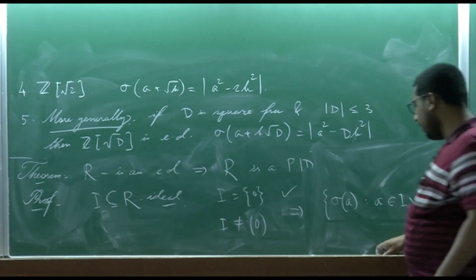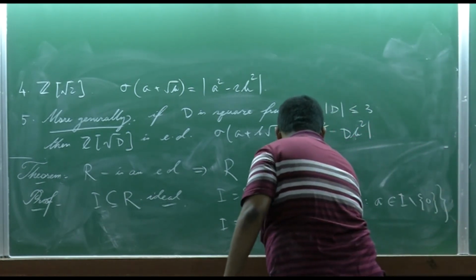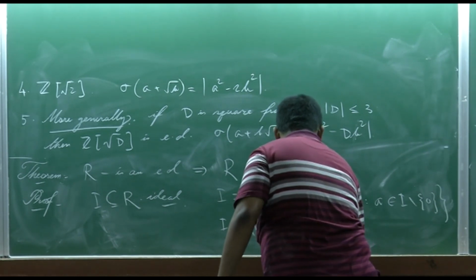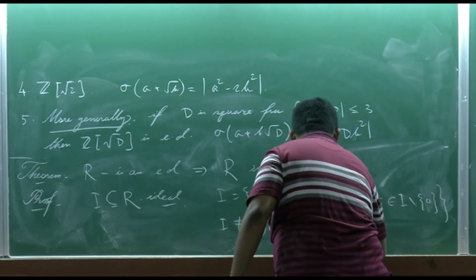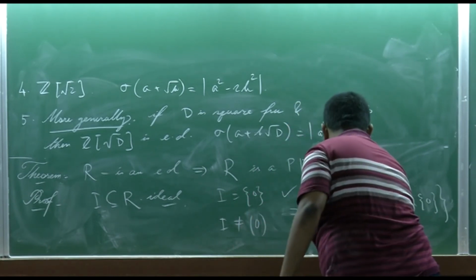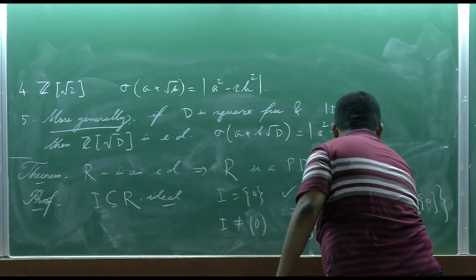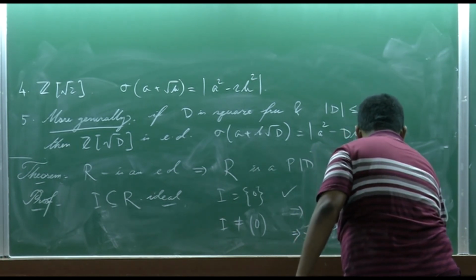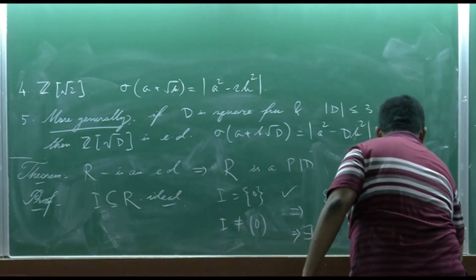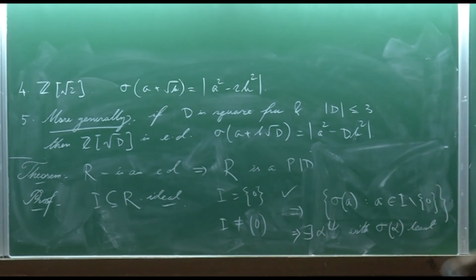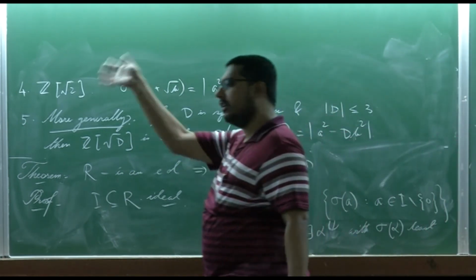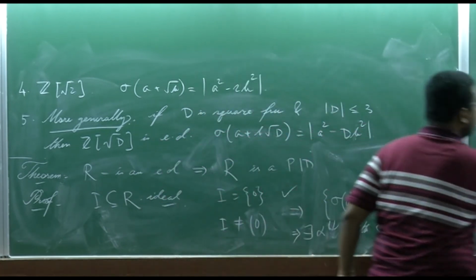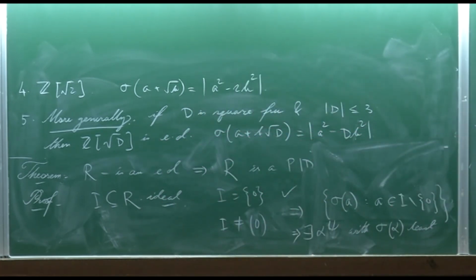By well ordering, we do have an alpha belonging to this with sigma alpha least. So, we do have an alpha where the minimum is attained, and then like earlier we will show that this alpha generates the whole of I.